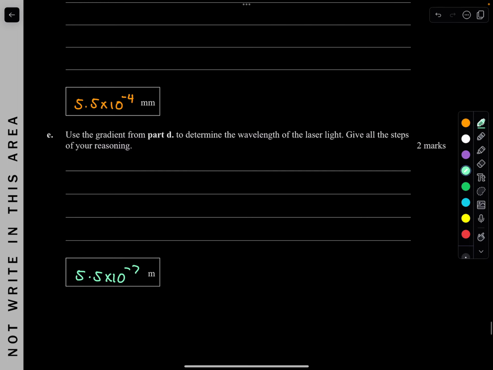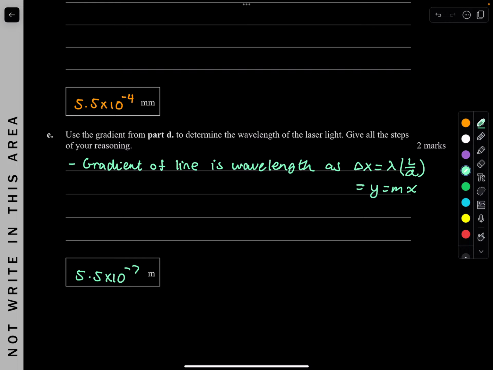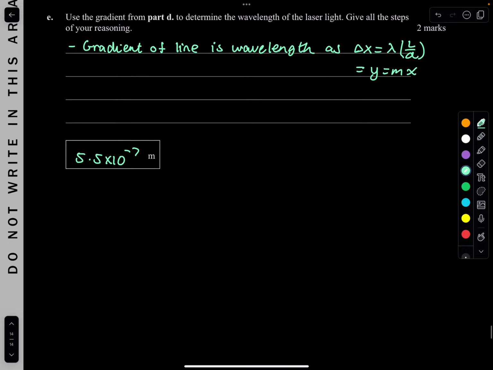And because it's 2 marks, we just want to explain. Basically, gradient of line is wavelength, as change in x equals lambda L over D. It's basically just the same as y equals mx. Basically, that's it. Done.